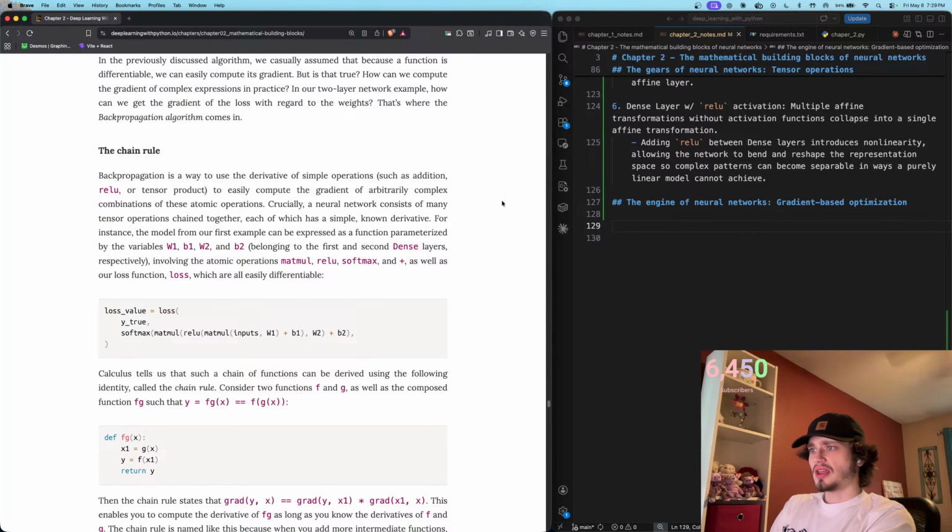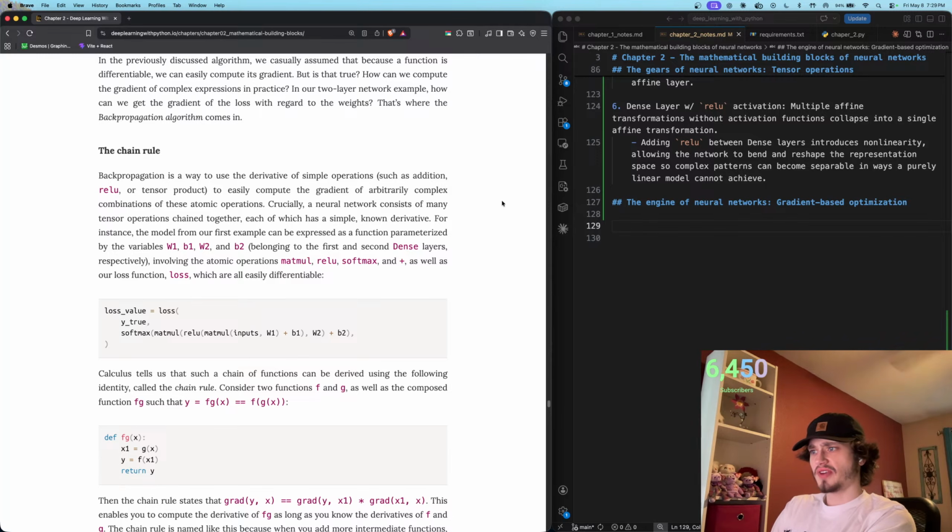Calculus tells us that such a chain of functions can be differentiated using the following identity, called the chain rule. Consider two functions f and g, as well as the composed function fg, such that y equals fg of x, which is equal to f of g of x.